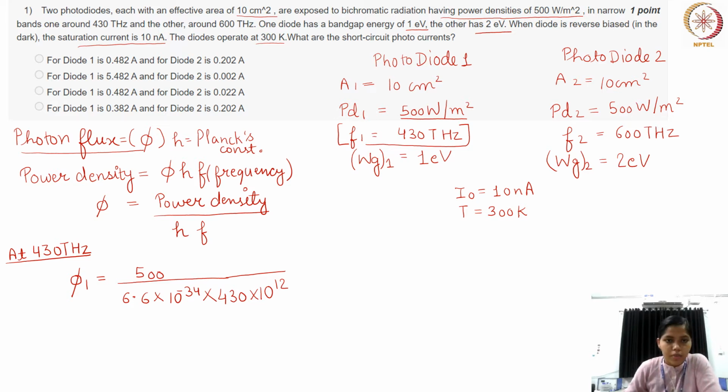So when we solve it, we can write it like 500 divided by 6.6 into 430 and then multiplied by 10 raised to the power 22.